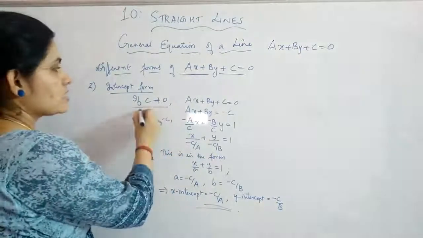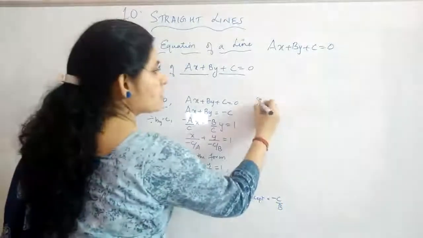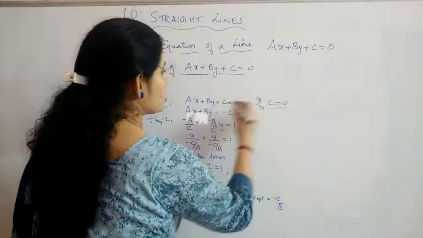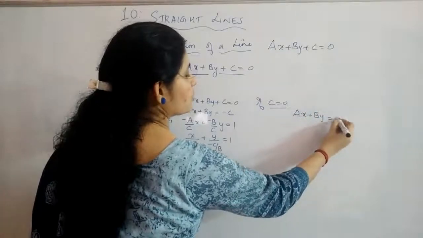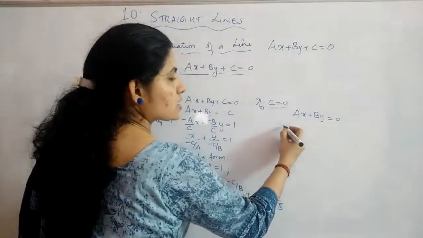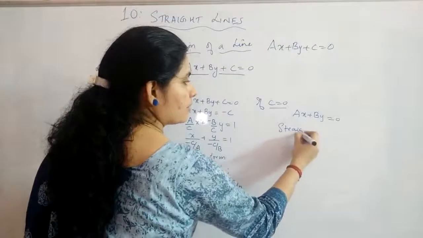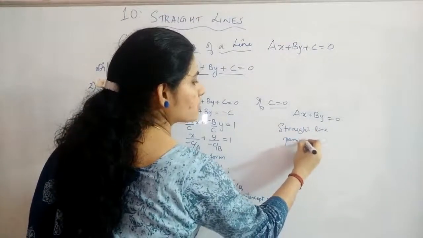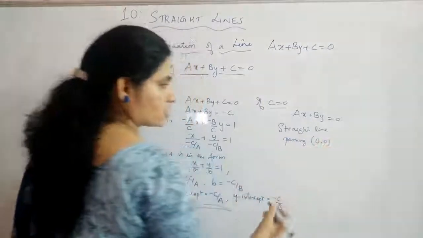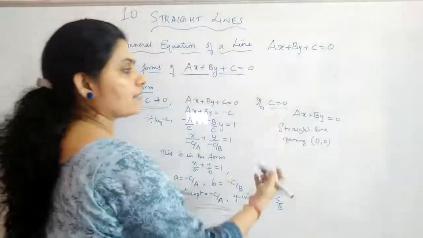This was the case when c is not equal to 0. Now if c is equal to 0, what will happen to the equation? It will become ax plus by equal to 0. And this is an equation which is a straight line again, passing through the origin 0, 0. That means it doesn't have any intercept.